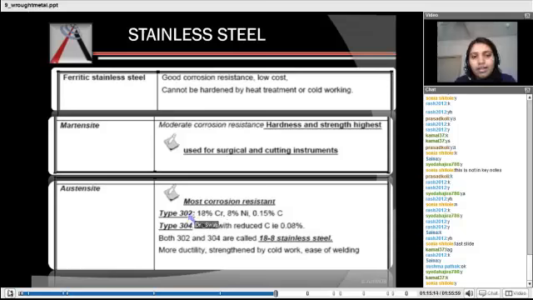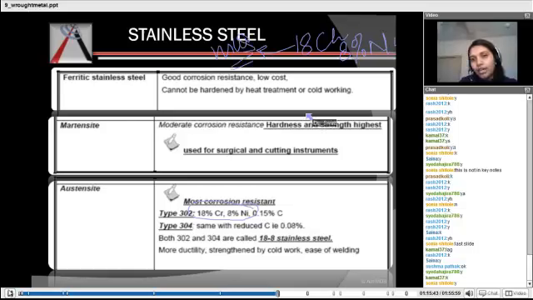We already saw that martensite is used for surgical and cutting instruments, while austenite has two varieties. It's 18-8 stainless steel. There are two types: type 302 that has a little bit more carbon, and type 304 that has less carbon. The point that makes it 18-8 is 18% chromium and 8% nickel.